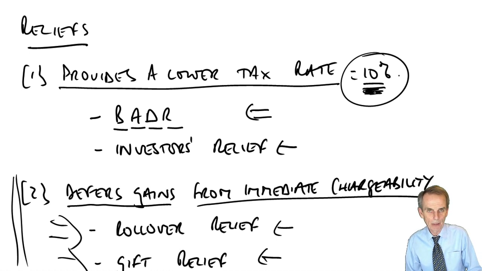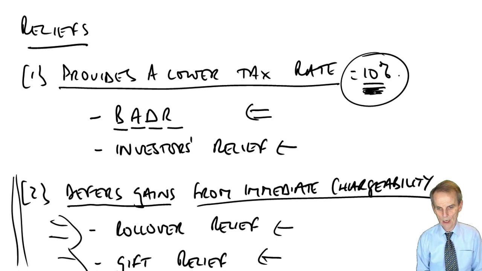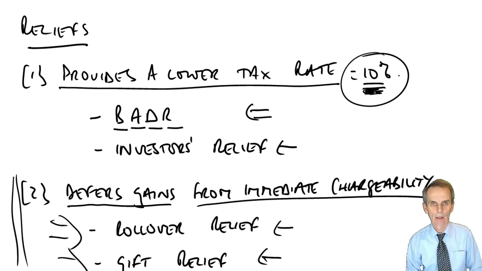I don't get business asset disposal relief if, as an unincorporated trader, I sell off a business property. I carry on trading, I move to another property, or I rent a property. If I simply sell off an asset used within the trade, and the trade keeps going, then there's no business asset disposal relief.